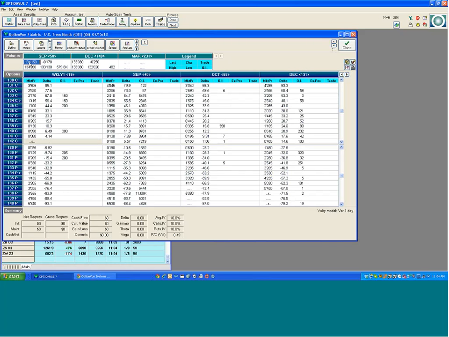With the September futures at 134 and 15 seconds, which is about 134 and a half, I'm going to create a 135 iron butterfly. And an iron butterfly, by definition, is a short strangle at a particular strike price. I'm choosing the at-the-money strike, the 135 strikes, puts and calls.